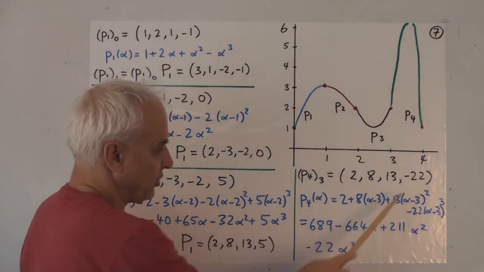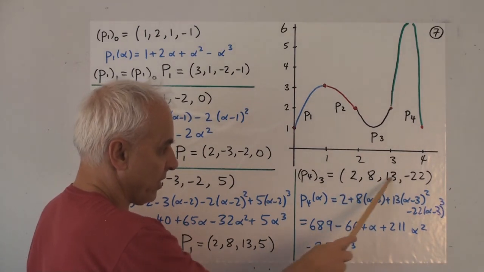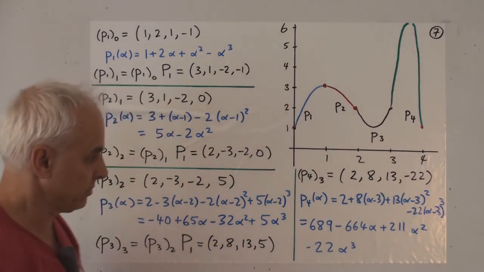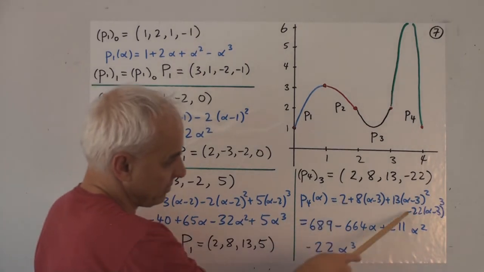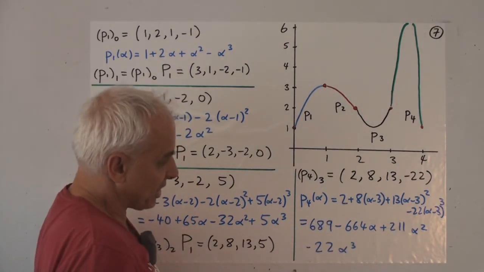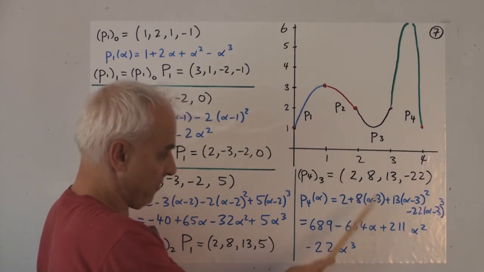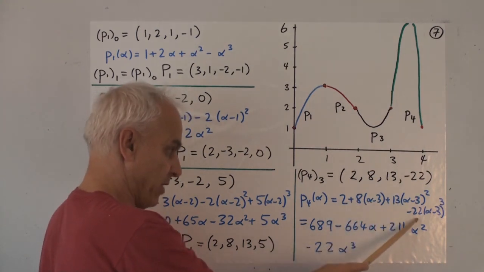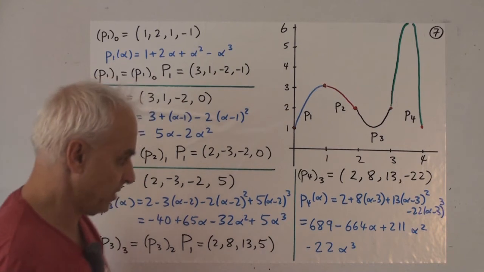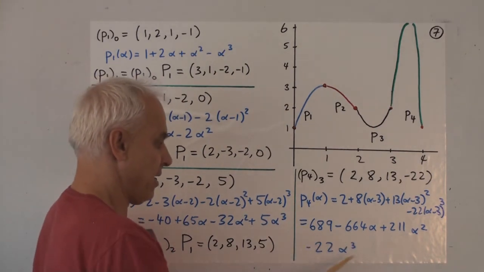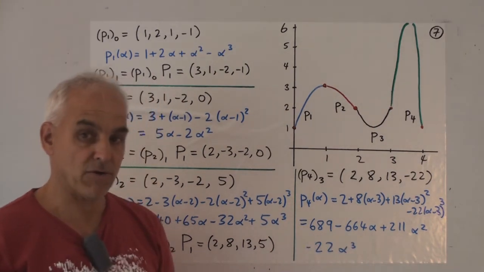So it turns out to be minus 22 because the sum here is 23, so 23 minus 22 is 1. And there's the associated polynomial in terms of powers of alpha minus 3: 2 plus 8 (alpha minus 3) plus 13 (alpha minus 3) squared minus 22 (alpha minus 3) cubed. There's what it looks like in powers of alpha.